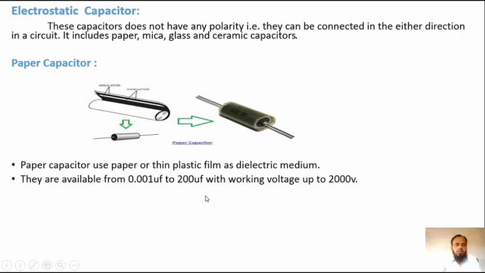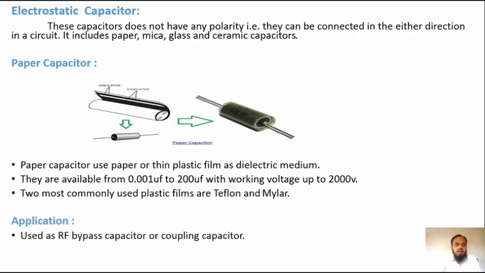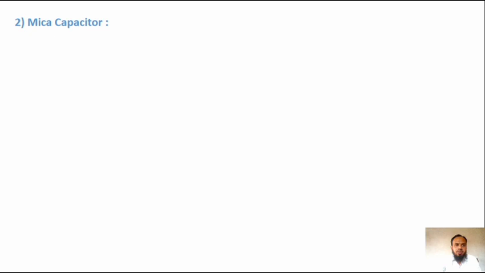They are available from 0.001 microfarad to 200 microfarad with working voltage up to 2000 volts. The two most commonly used plastic films are Teflon and Mylar. Applications are as RF bypass capacitors or coupling capacitors, and also as decoupling capacitors.